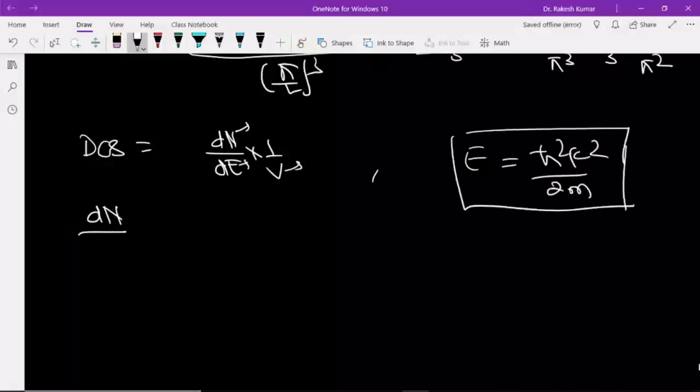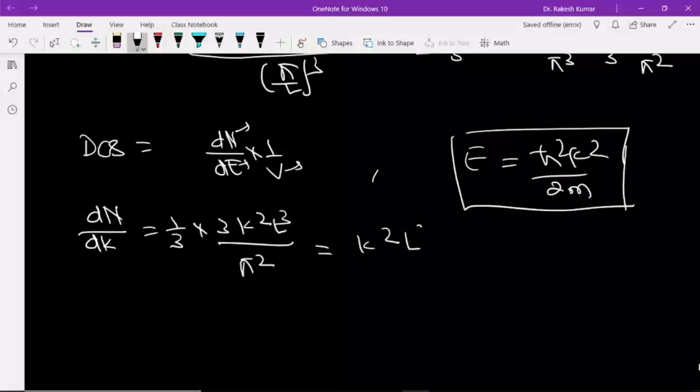So first let's take dn by dk, which is equal to 1 by 3 into 3 k square L cube by pi square, which is equal to k square L cube by pi square. And we can also write dn by dE.